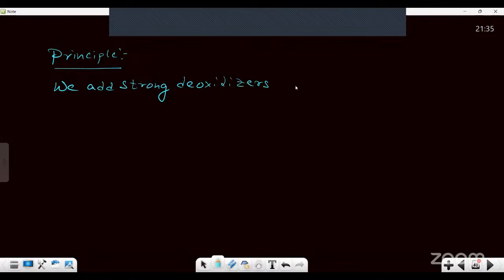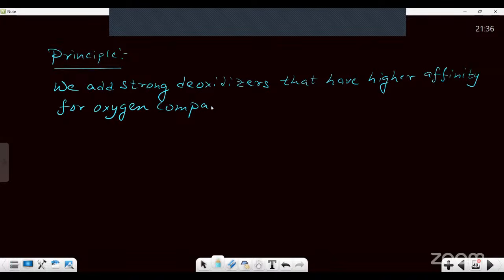We add very strong deoxidizers that have higher affinity for oxygen compared to iron.